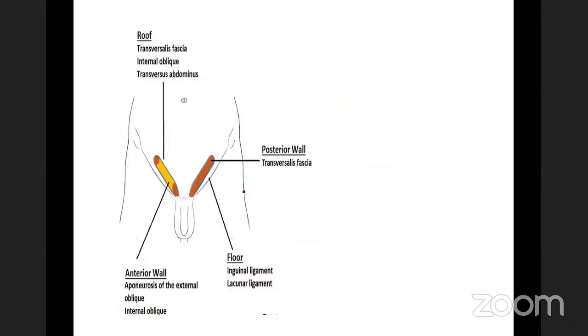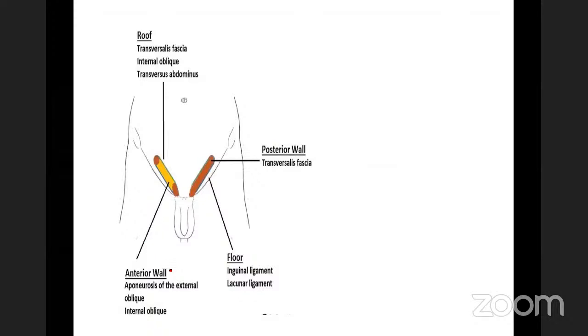Everybody here? Am I audible? This is the external oblique muscle. This is the internal oblique muscle. This is the transversus abdominis muscle.